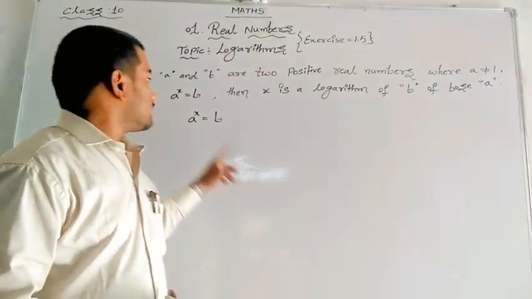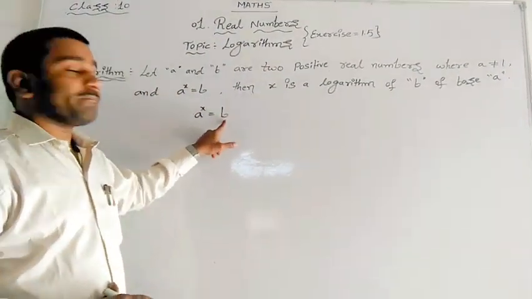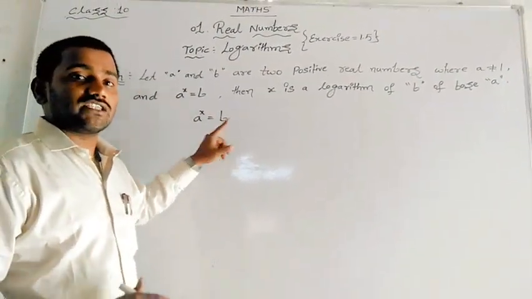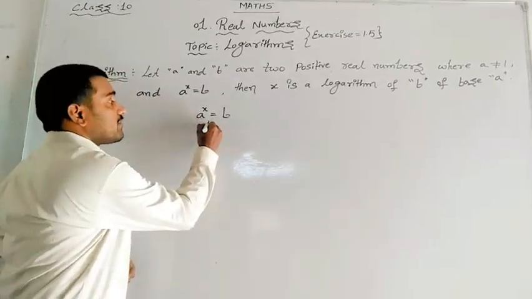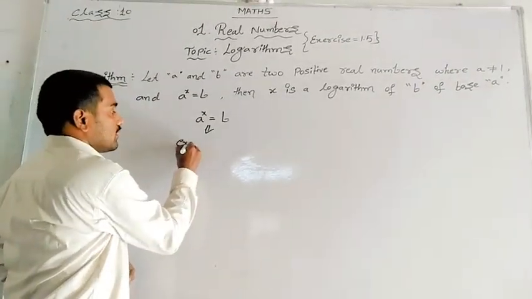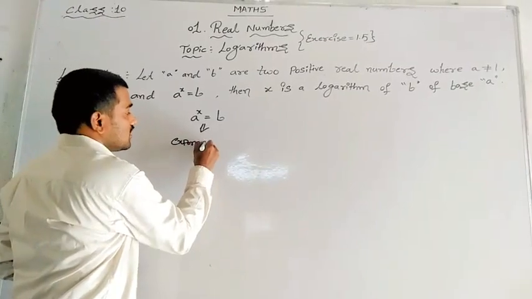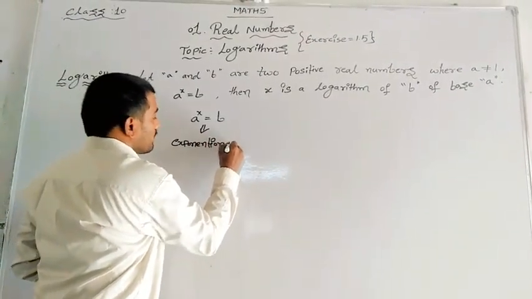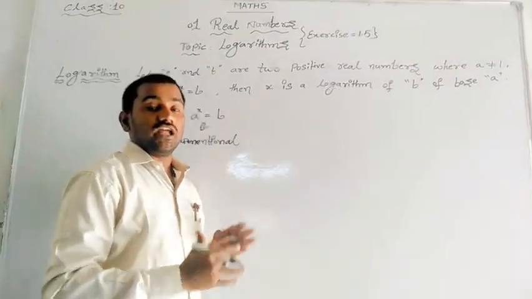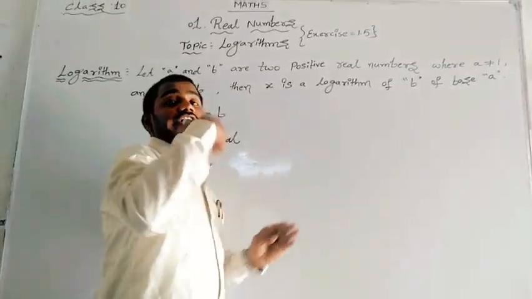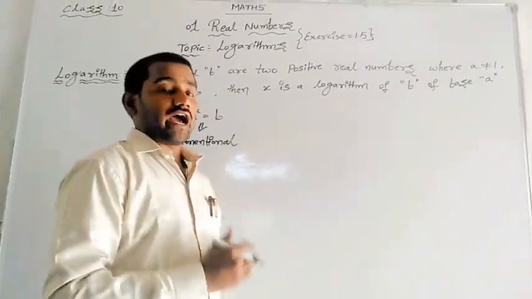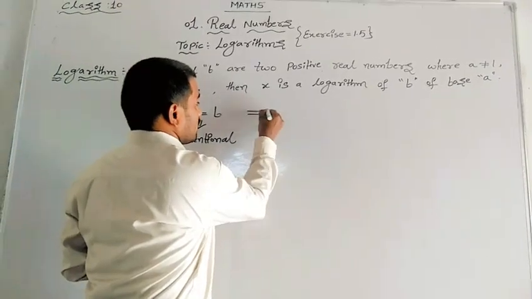Let's take a to the power of x equals b. It is in the exponential form. Let us convert it into the logarithm form. How to convert it?